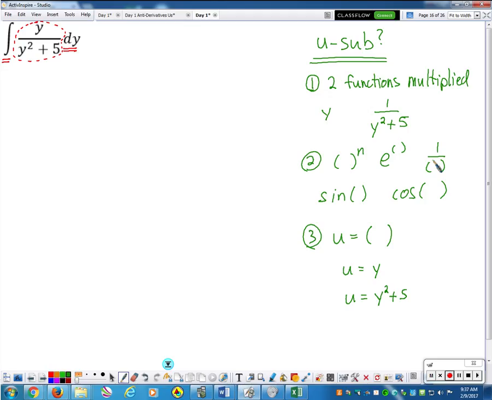If you remember back when we were doing derivatives, if I were taking the derivative over dt of the natural log of y squared plus 5, I'll say the derivative of the natural log of something is going to equal 1 over that something, y squared plus 5, multiplied by the derivative of that something, which would be 2y.